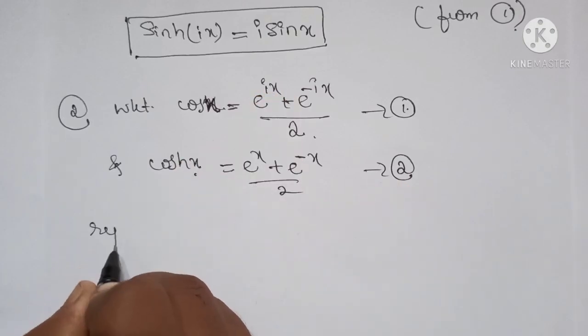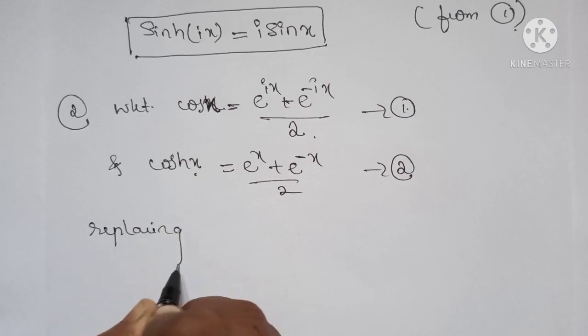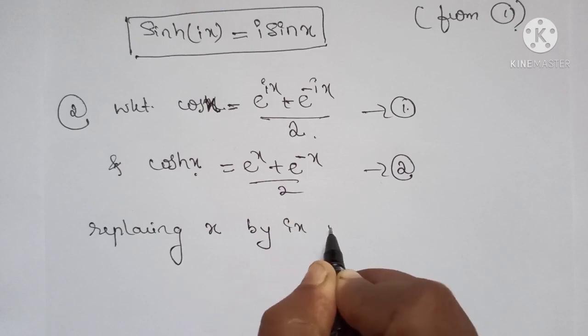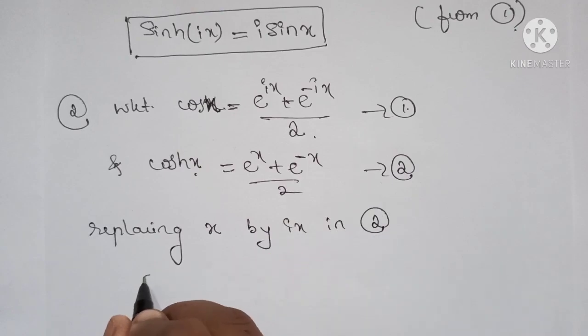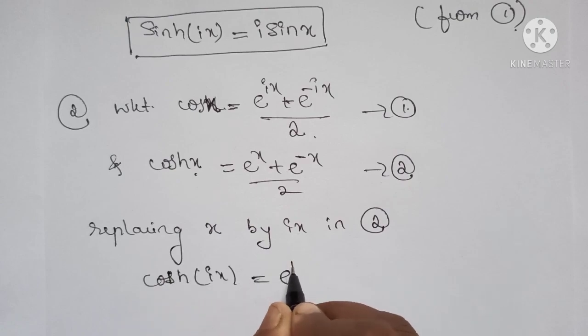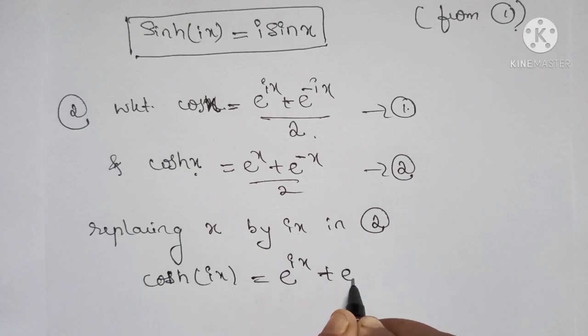Therefore, replacing x by ix in equation 2, we get cosh ix is equal to (e raised to ix plus e raised to minus ix) divided by 2.